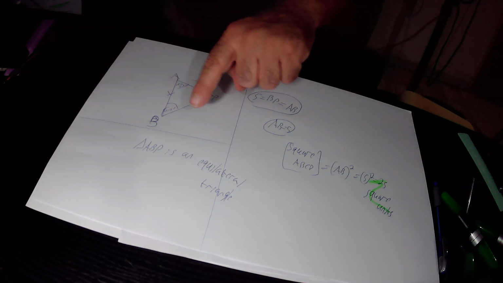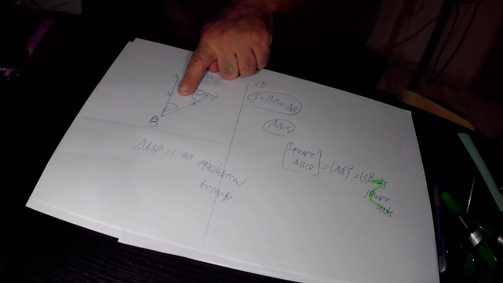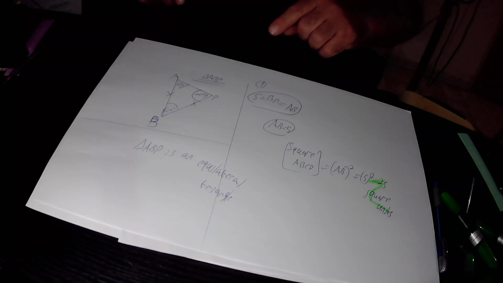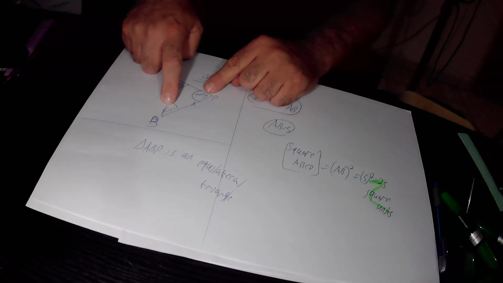This is triangle ABP that I copied from the original drawing. We already found out that angle ABP equals 45 degrees plus 15 degrees, that is 60 degrees. You know that opposite equal sides in a triangle there are equal angles. So opposite those two sides that are equal to each other, we have two angles that must also be equal.